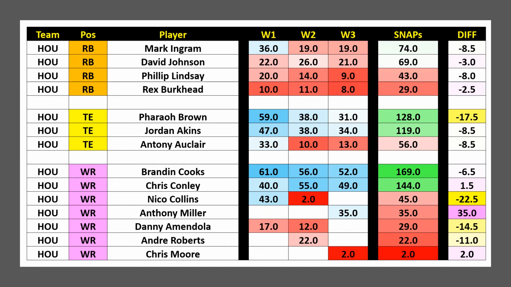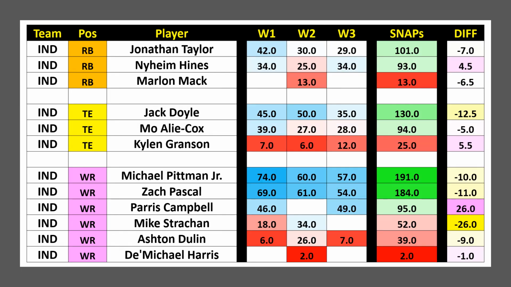I guess that's it. Yeah, I kind of am interested in Miller a little bit, but nothing dramatic here. Taylor was outsnapped by Hines. I'm not sure I understand what's going on there. That is concerning.